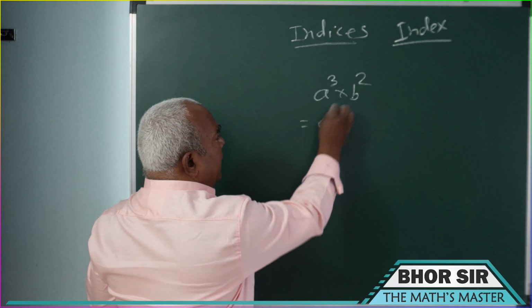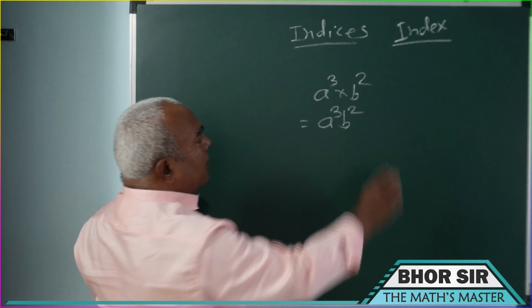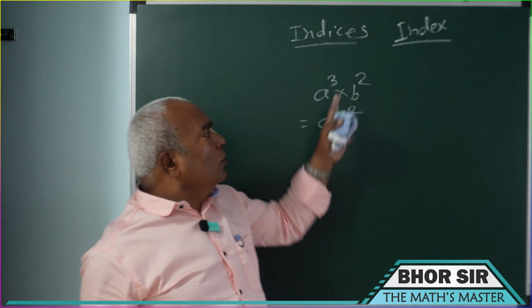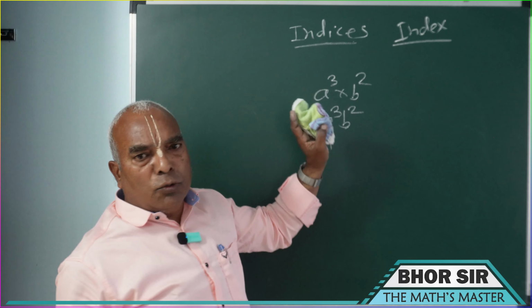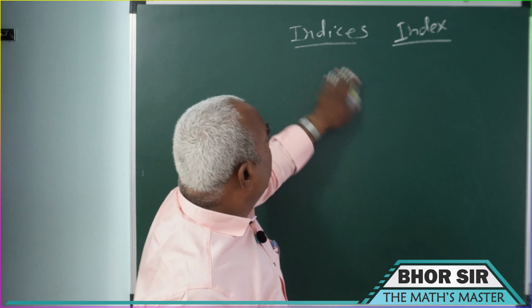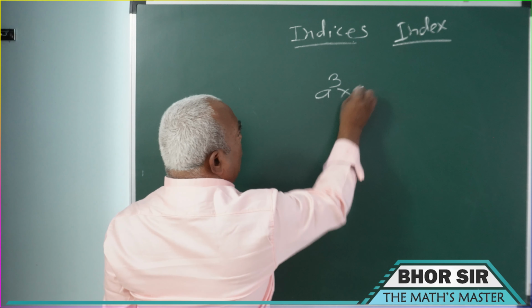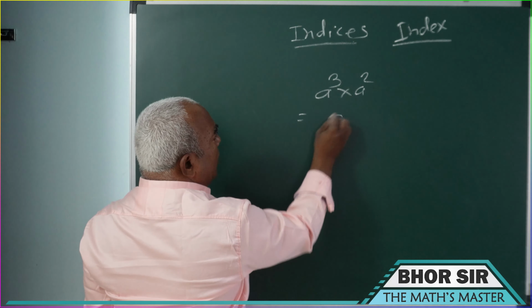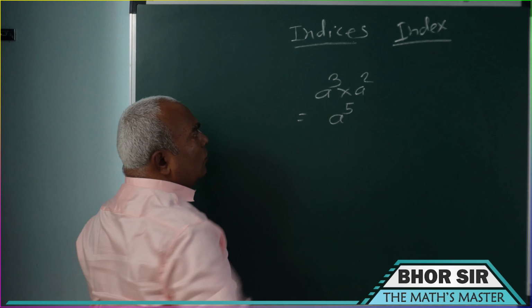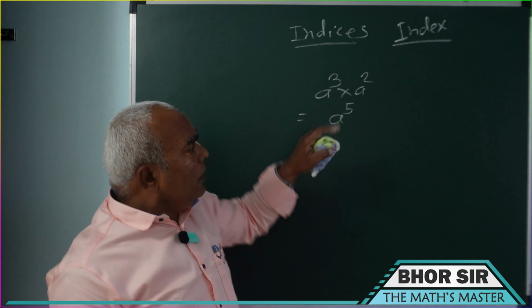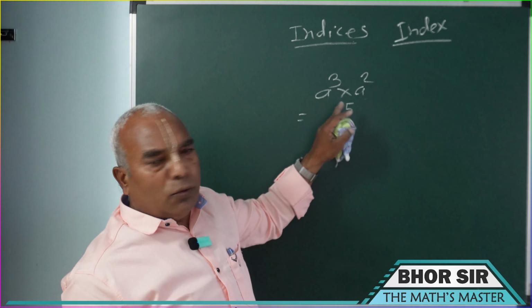The answer will simply be a cube b square. You should not do addition or subtraction of this. Only if the base is the same, then do. Suppose a cube into a square, then you can write the answer as a raised to 5. If the base is the same, then only you can do it.